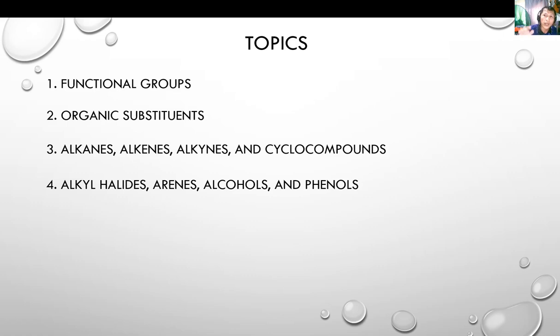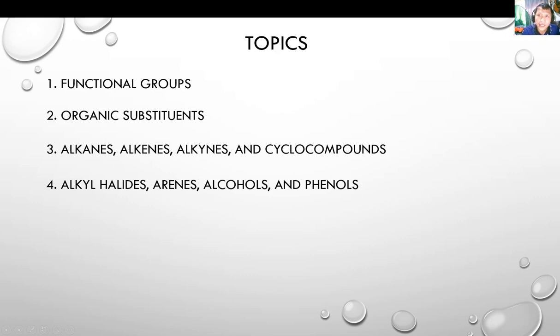For fluorine, again drop the INE and it would be fluoro. Bromine would be bromo. For iodine, dropping the INE, that would be iodo. Those are the common halides. That is for alkyl halides, and we'll have examples from that.